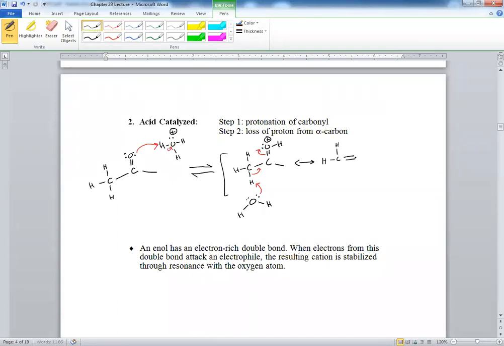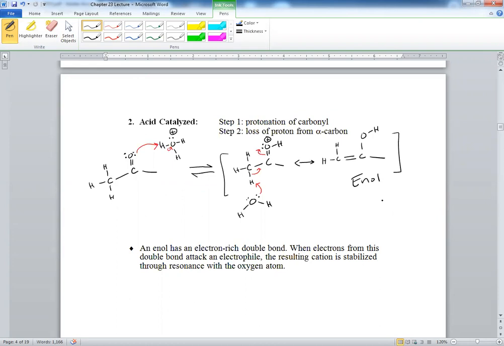So you're going to have a double bond here and an OH. So you formed your enol right there, all in one step. I didn't want to draw the steps in between, so that would be the mechanism for it.